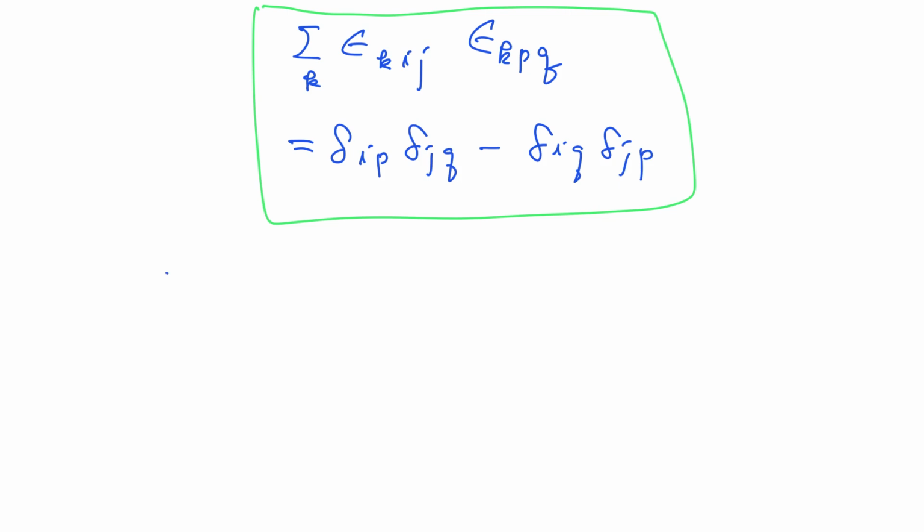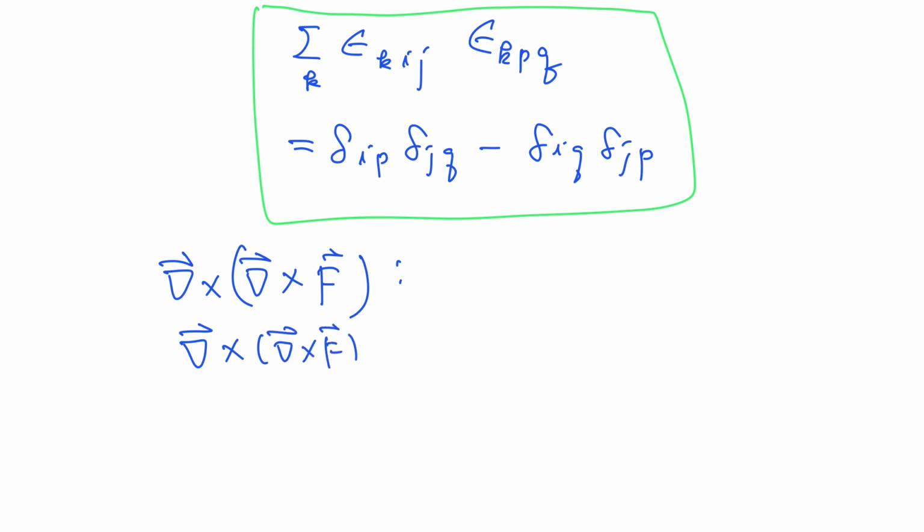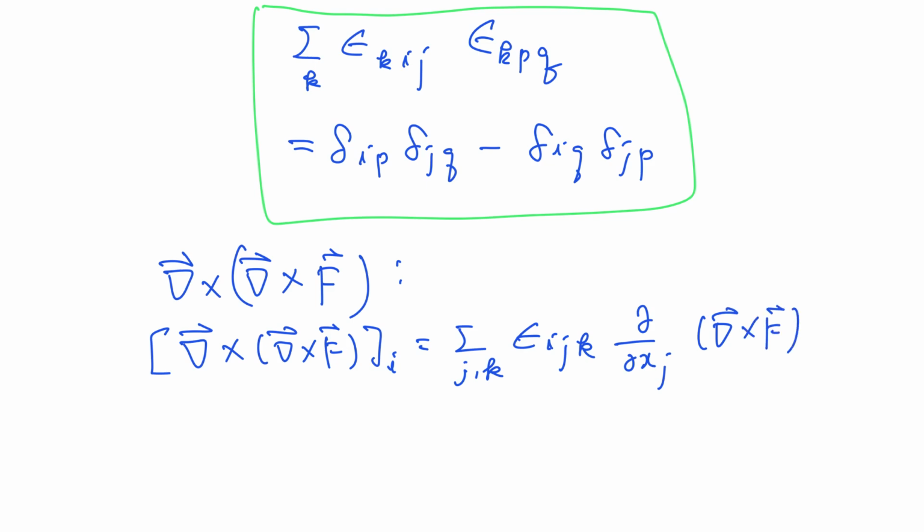So for example, if we have the curl of some function f, and then you take the curl again, then you can utilize this property very easily. So the curl of f, its i-th component is the sum over j, k of epsilon ijk, partial xj, partial fk.